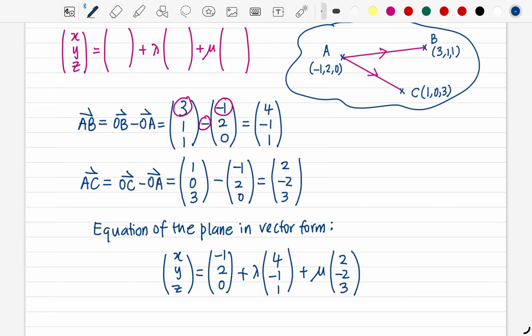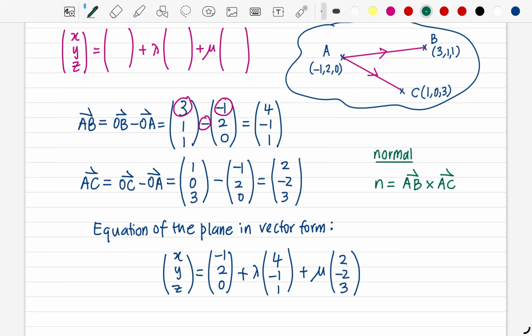Alternatively, we can represent the equation of the plane in Cartesian form, but in Cartesian form we need to find the normal. So the normal of the plane is AB cross AC.